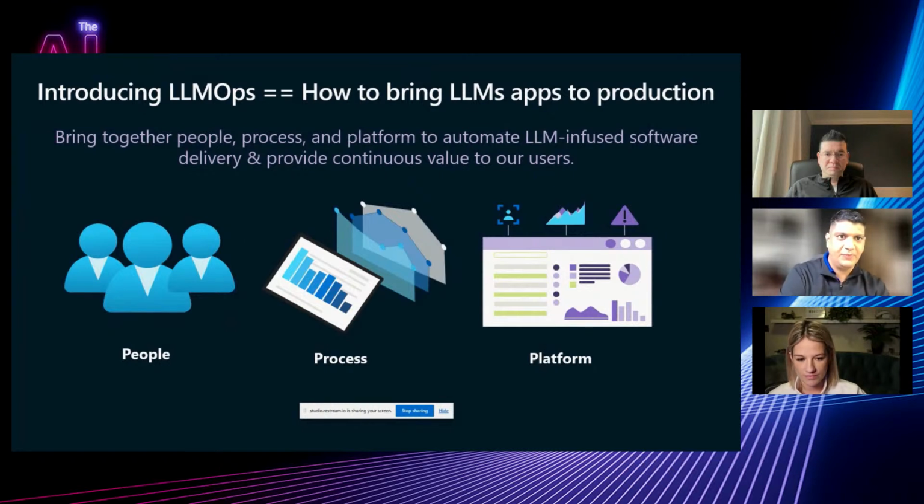One of the key things we talk about in LLMOps is the focus on repeatability and consistency, just like you have seen in DevOps. By establishing a clear and well understood process, we facilitate a model of operation that ensures not only the accuracy but also the reliability of LLMs. These processes can be replicated across various teams and across the organization. As I said earlier, LLMOps, like DevOps, is a collaboration between people, processes, and platforms.